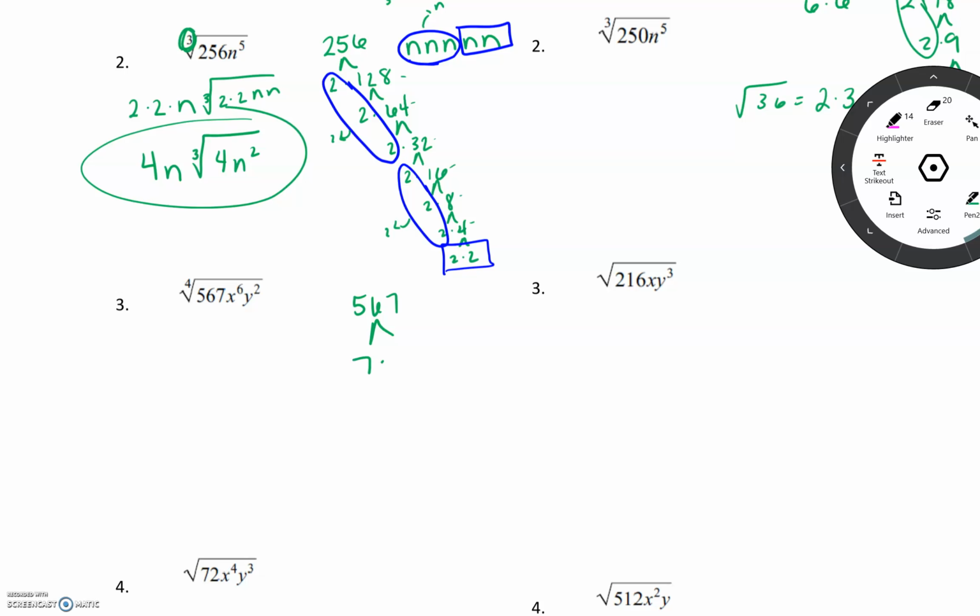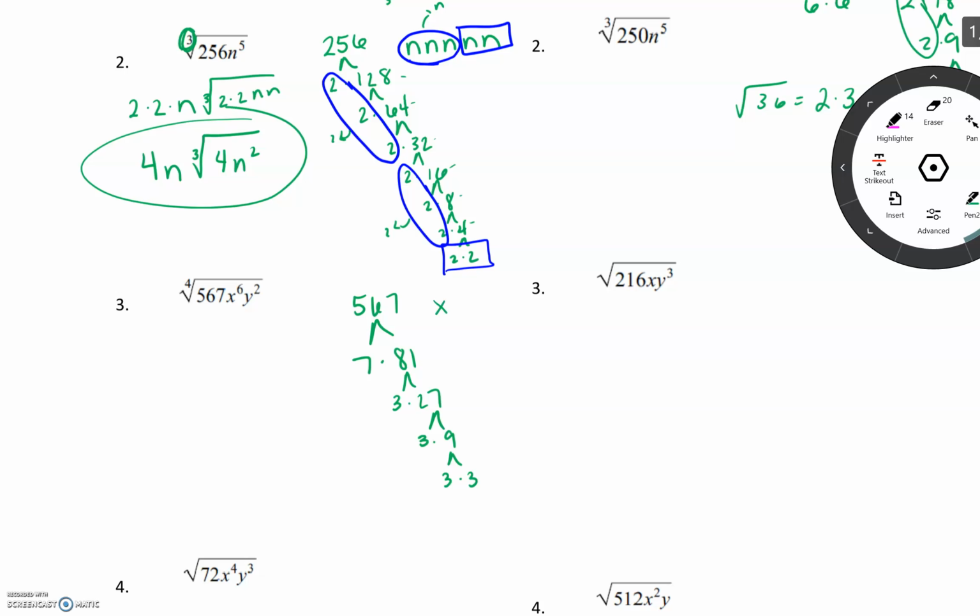You could do it by 3, but 7 goes into 56 8 times, and 7 goes into 7 once. 81. 3 goes into 81, 2 with 2 left over, 21 7. 3 goes into 27 9 times, and 9 is factored into 3 times 3.